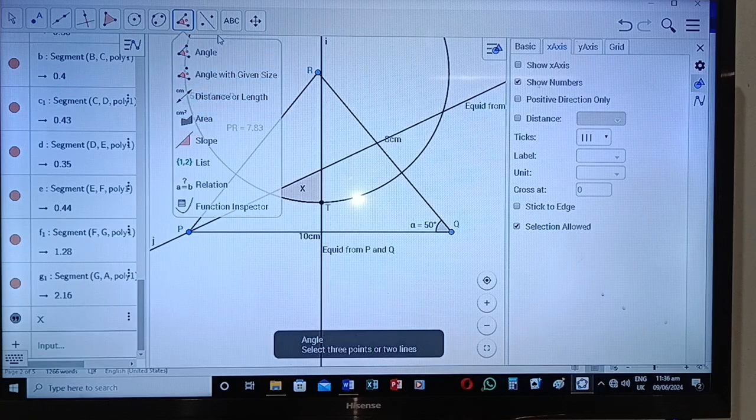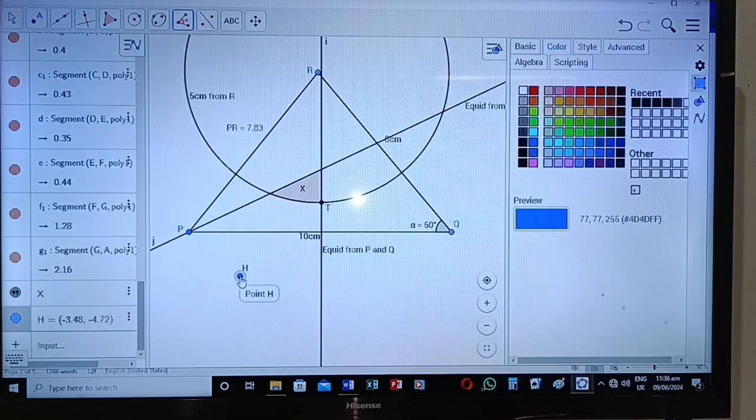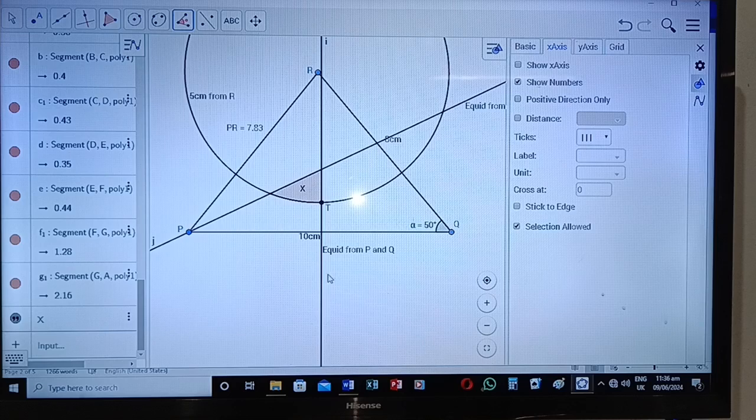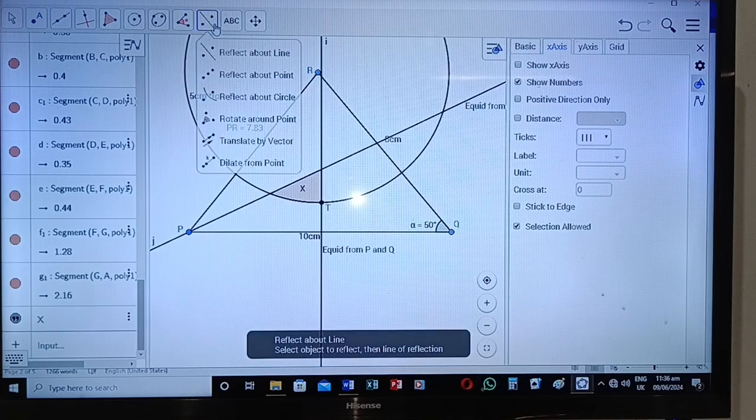We are also able to do transformations here, where we are able to reflect points, rotate, translate, and enlarge.